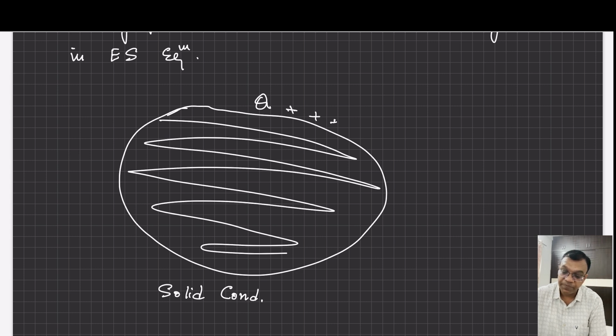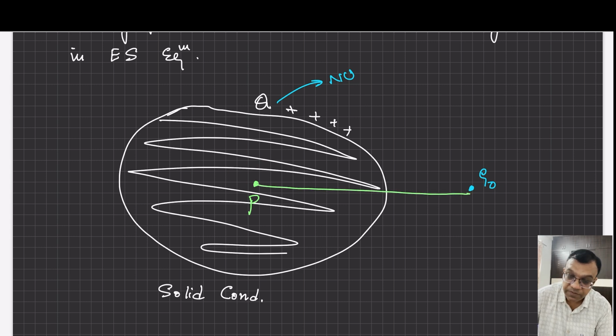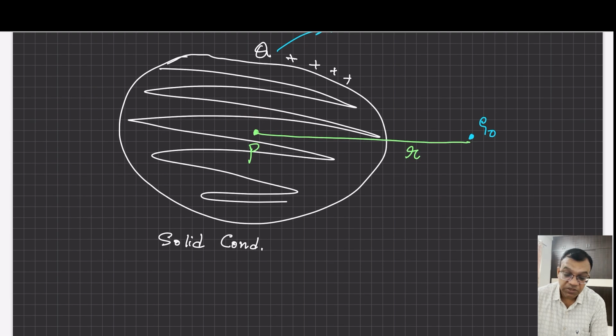Since curvature is different at different points, this will be a non-uniform distribution. Now one point charge Q naught is placed here outside, and we have marked one point P inside the conductor. It is mentioned that this distance is R.